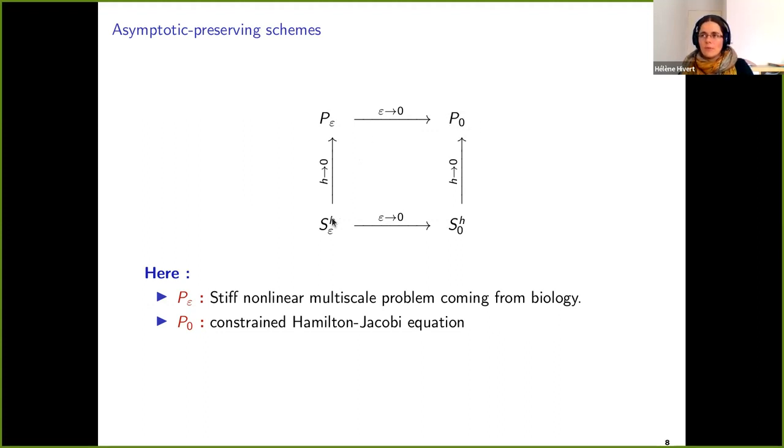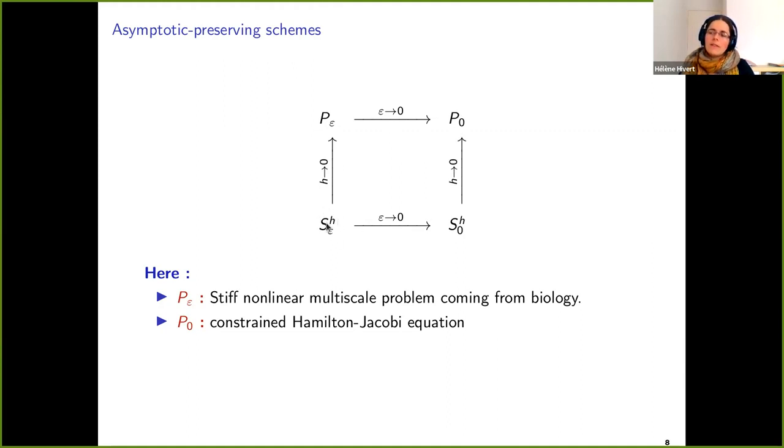And an asymptotic-preserving scheme is a scheme for the problem P epsilon. So it is convergent to the solution of the problem P epsilon when the discretization parameters, denoted H here, go to 0. And when the discretization parameters are fixed, and when you make epsilon go to 0, you obtain another scheme, and you require this other scheme to be convergent to the limit problem, to the solution of the problem P naught. Okay.